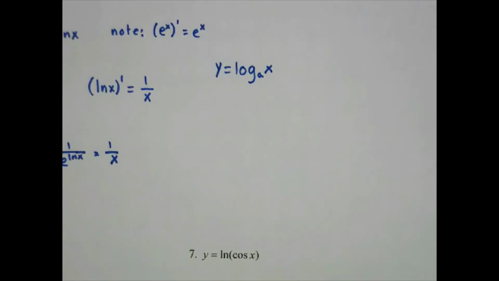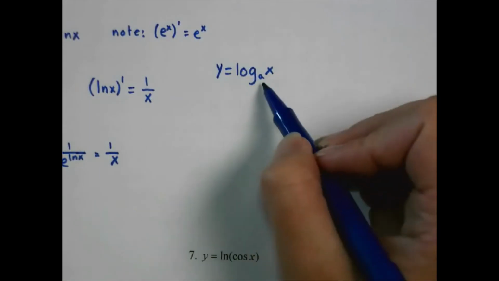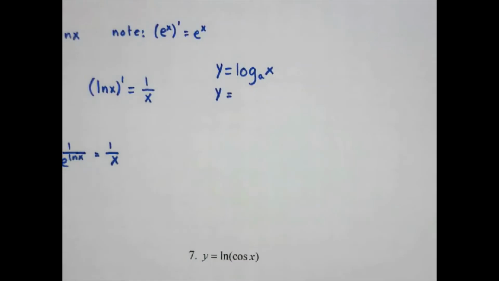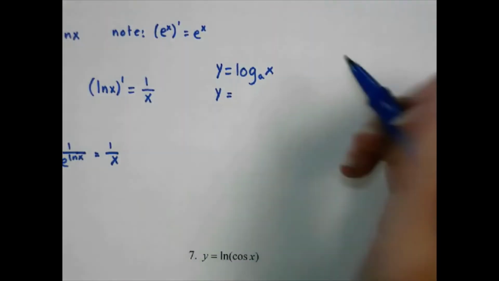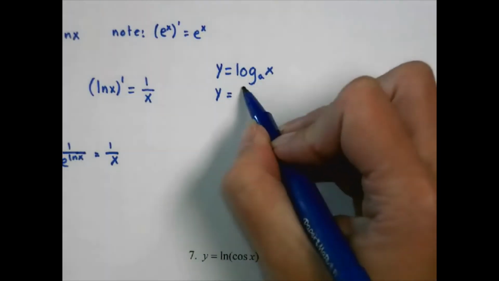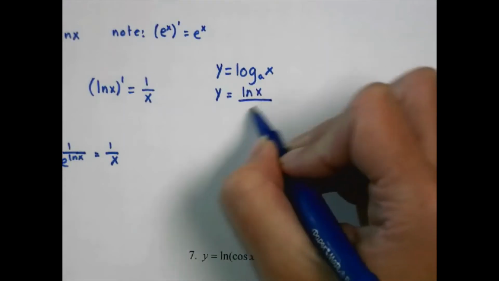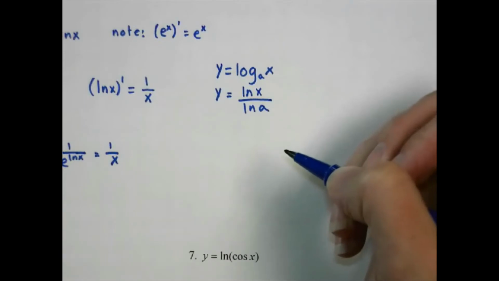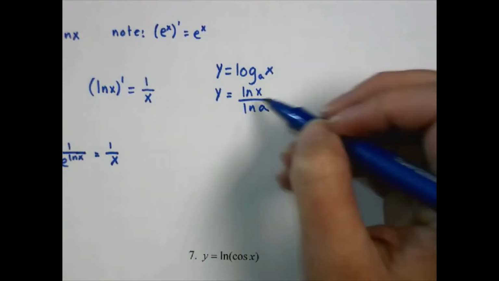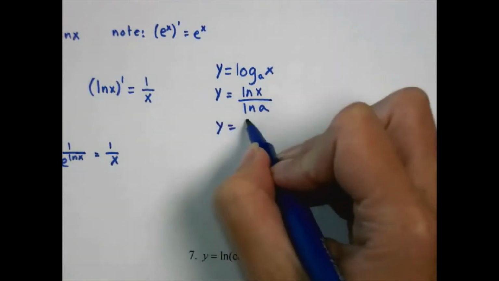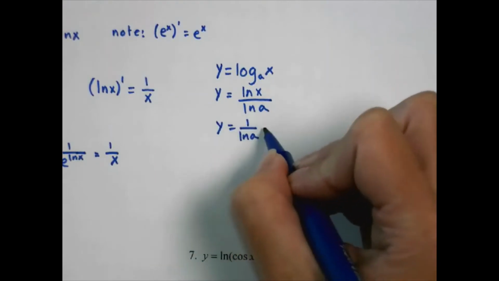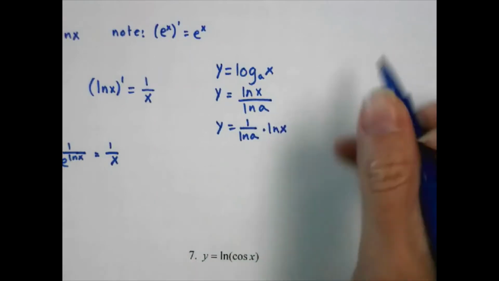Now we can find the derivative of other bases. So y equals log base a of x. I can use what's called the change of base formula and rewrite it as natural log of x over natural log of a. You can use any base, but I'm going to use natural log since we know what its derivative is. So this is the same as 1 over natural log of a times the natural log of x.